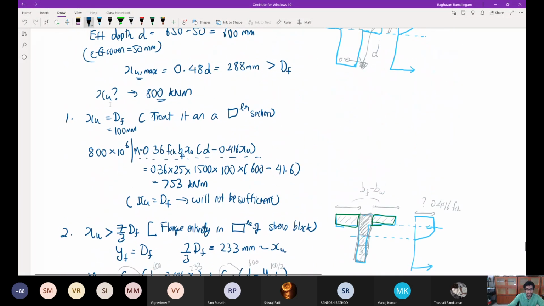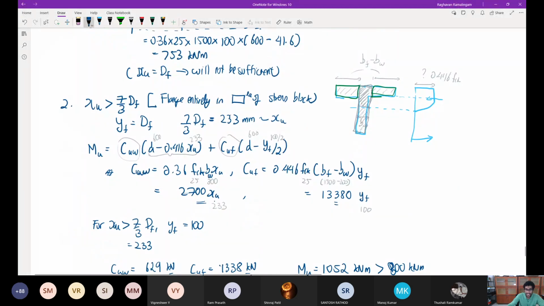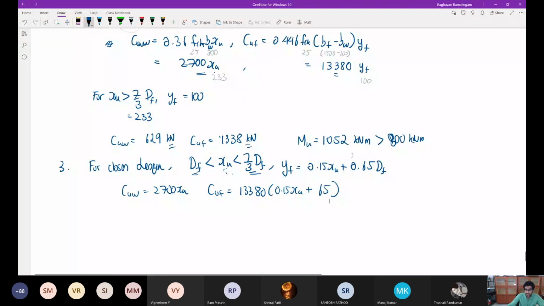In the first case you adopted XU as 100, found MU, and it came out too less. In this case you assumed that XU is 233 or 7/3 DF, and found the moment, and it is unnecessarily high.